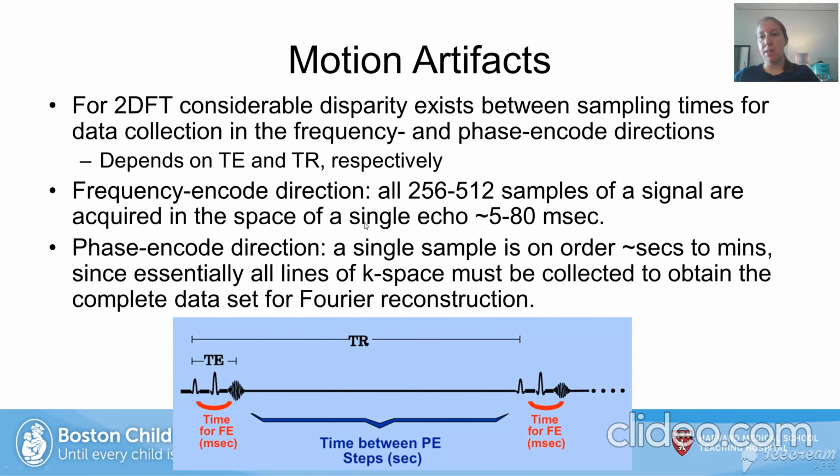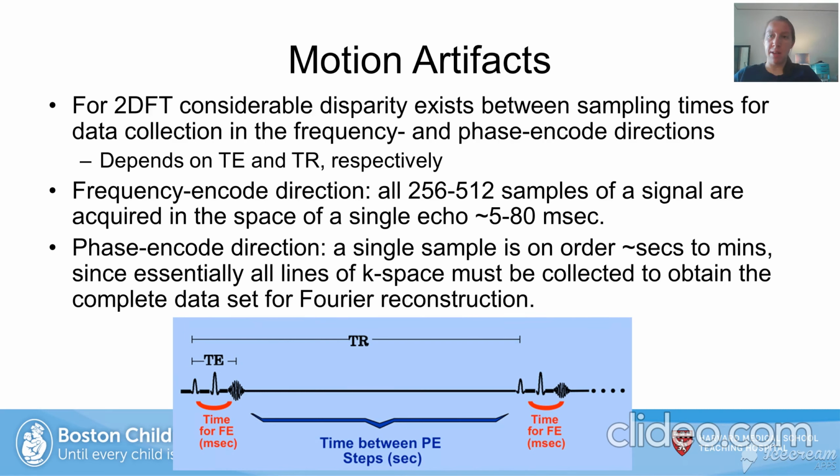Okay, so a common artifact, this is an artifact of different modalities, it's just different how it manifests itself in MR. So for a 2D Fourier transform image in MR, there's considerable disparity between sampling times for data collection in the frequency and phase encode direction.